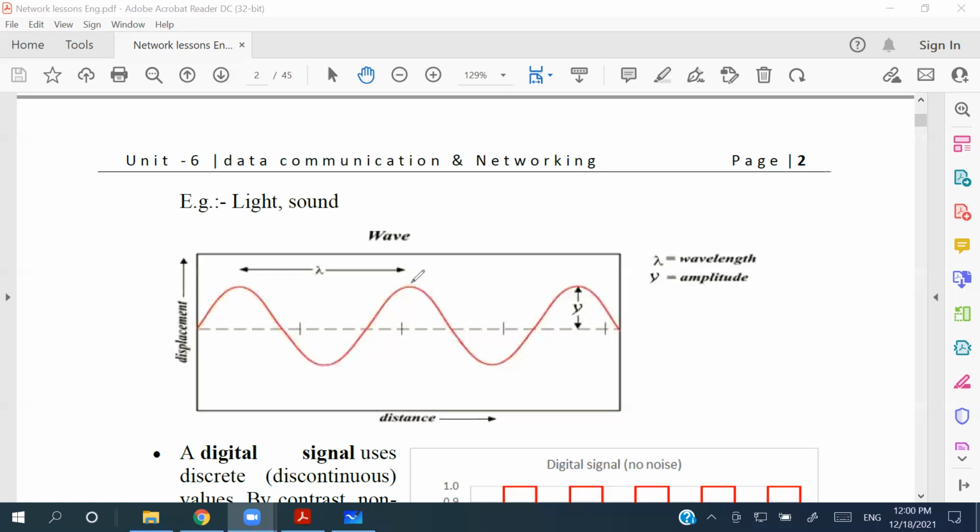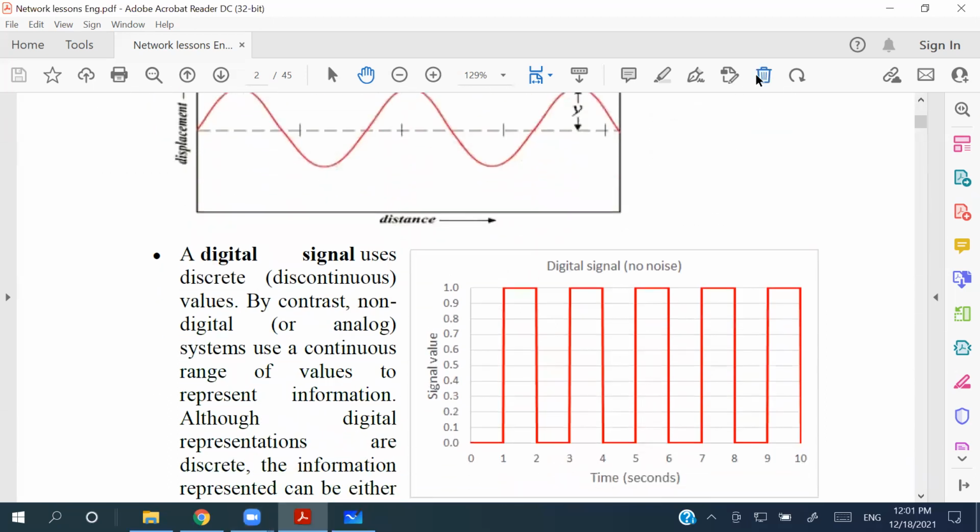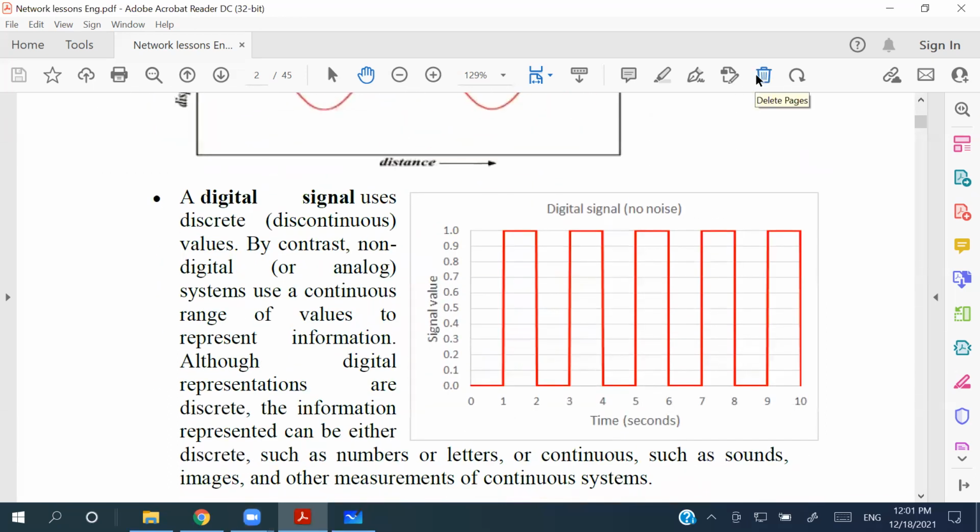But when it comes to the digital signal, there is no gradual increment or gradual decrement. It's just instant increment and decrement, right? So if you consider one particular point of time, it indicates either a 0 or a 1. There is nothing in between 0 and 1 when you consider a digital signal, right? So zeros and ones.